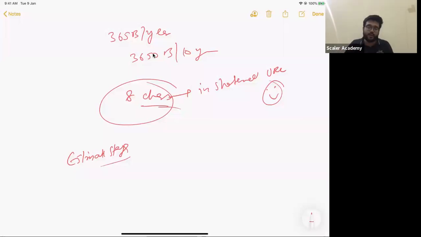Cool. Now let's try to estimate storage. For every URL, you are going to on average store 100 characters for the original URL. Does that make sense? And we just assumed 8 characters for the shortened URL.